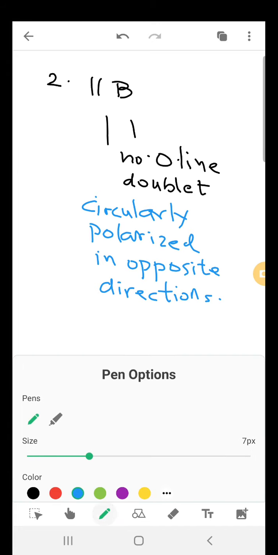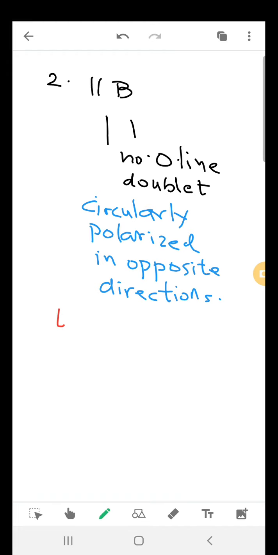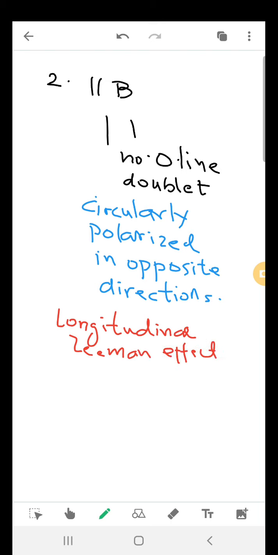This effect is called the longitudinal Zeeman effect.